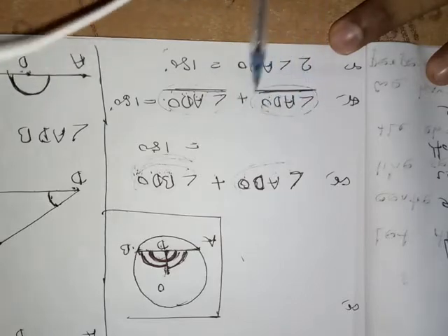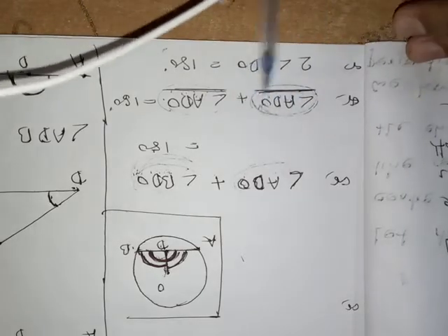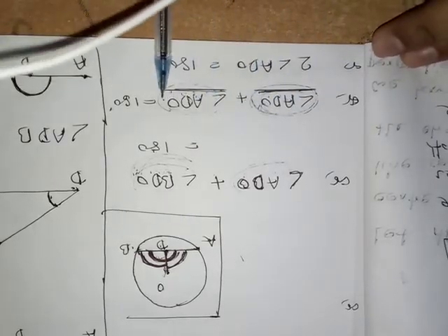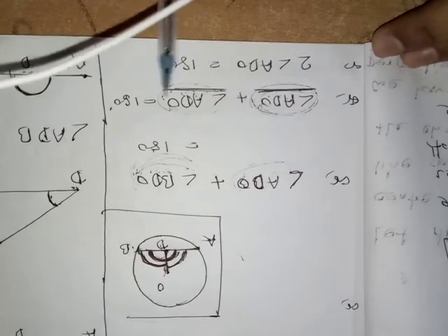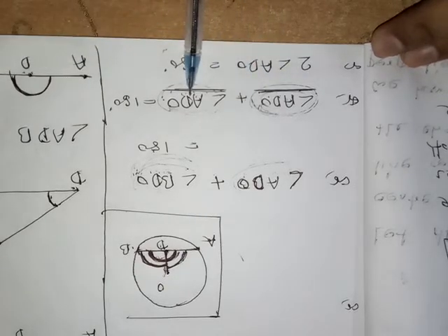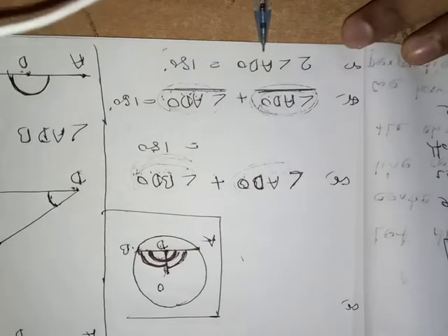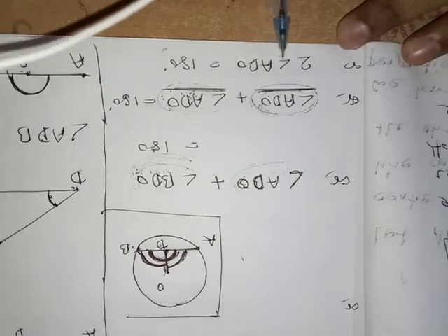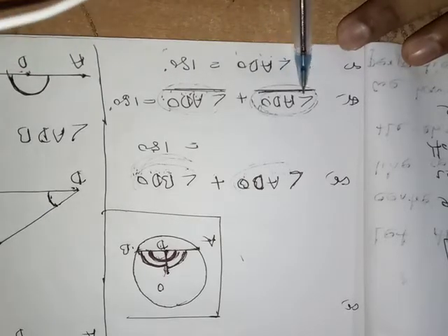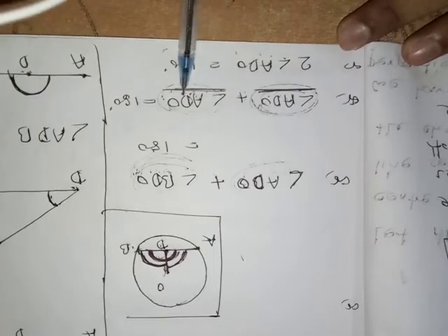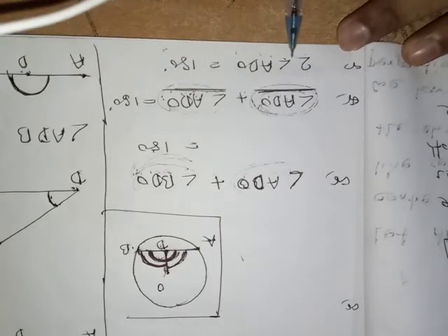Here A is equal to angle ADO. So angle ADO plus angle ADO, we can write 2 angle ADO.